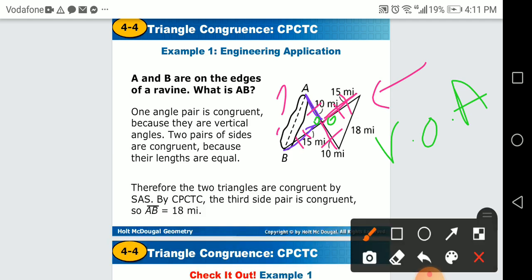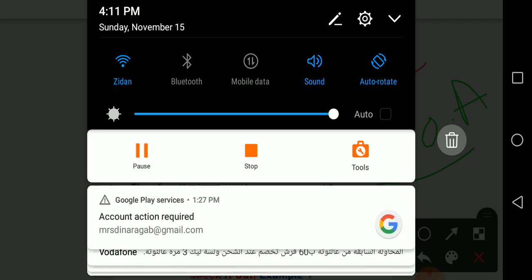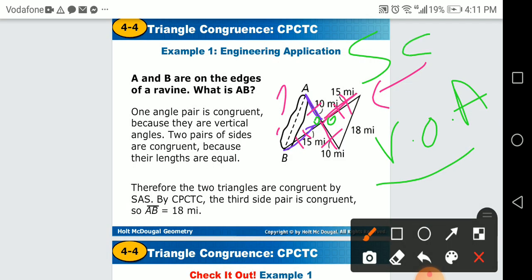When I say two sides are equal and one angle is also congruent, that is SAS, two sides and one angle. So therefore this side AB is equal to what? 18.